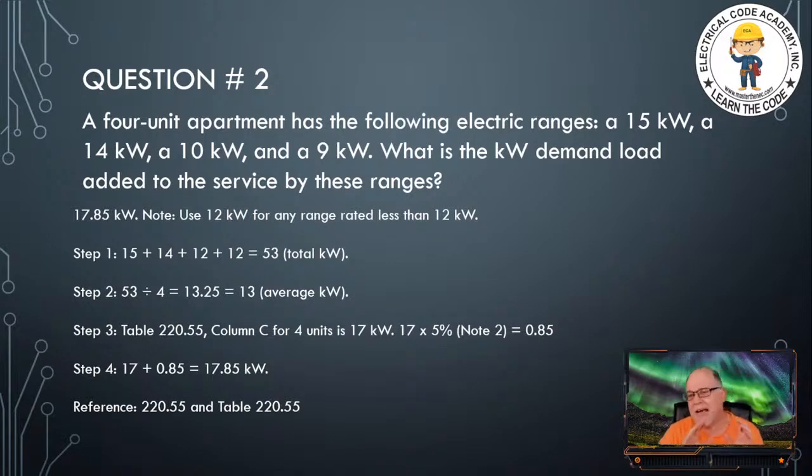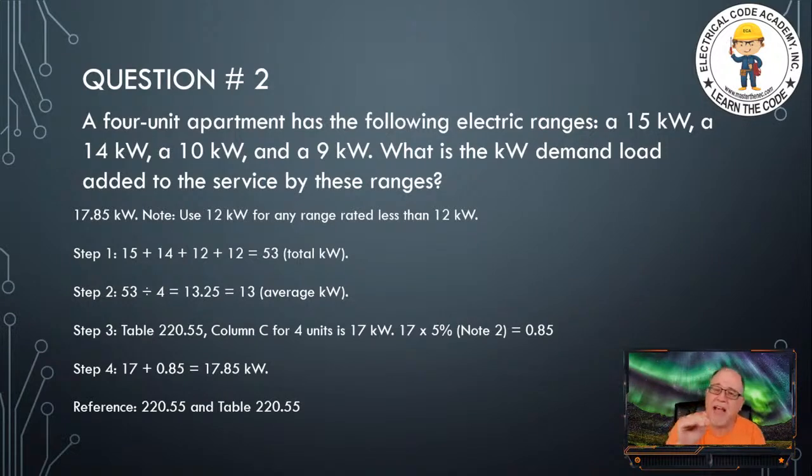I think what happens here is people get confused. The exercise that we did at the beginning was just to take all of those ranges and find an average. Once we find that average, then we apply the 5% for every kW that exceeds 12. Once we find out what that percentage is, we're done with that. Now we go back to column C in 220.55, and we go down and see, okay, 4 ranges.